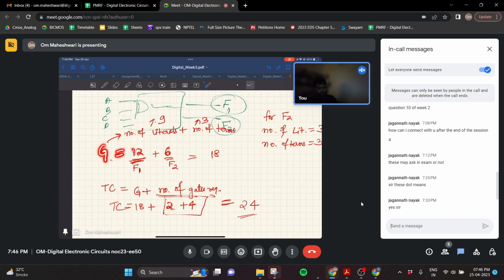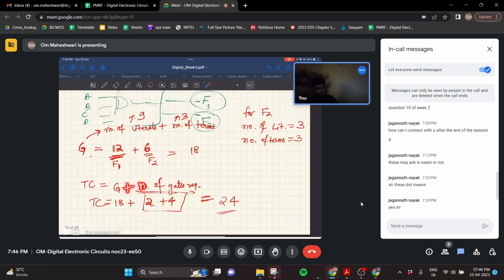General cost is 12. That was 9 plus 3 for f1, and 6, that is 3 plus 3 for f2. That is 18 total, right? And total cost is this g plus number of gates.